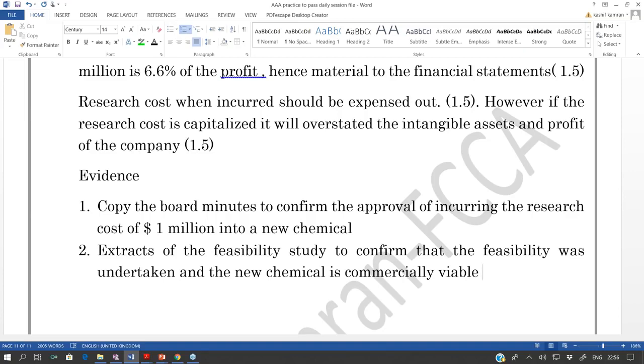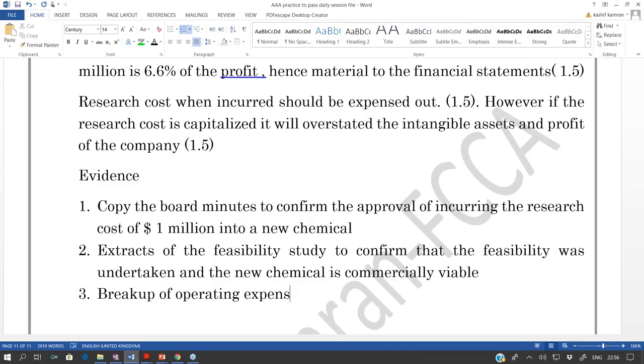Now, the company must have expensed out the $1 million, right? So can I take the breakup of the operating expense to confirm that $1 million was expensed out? So I can take the breakup of operating expenses.